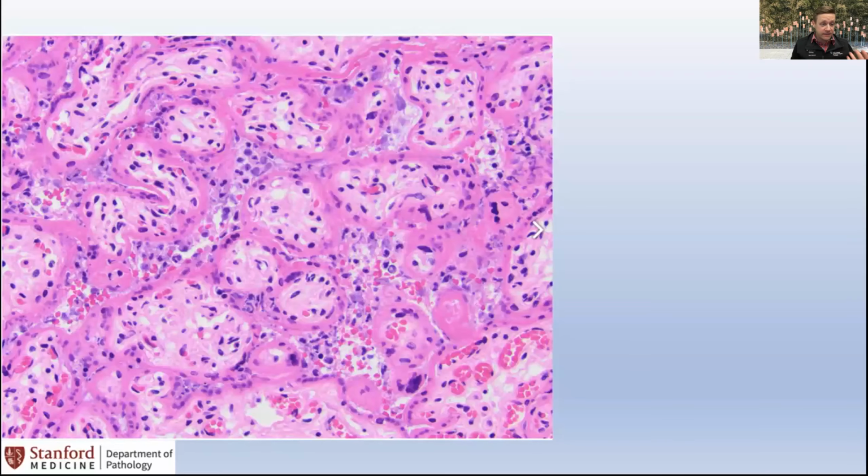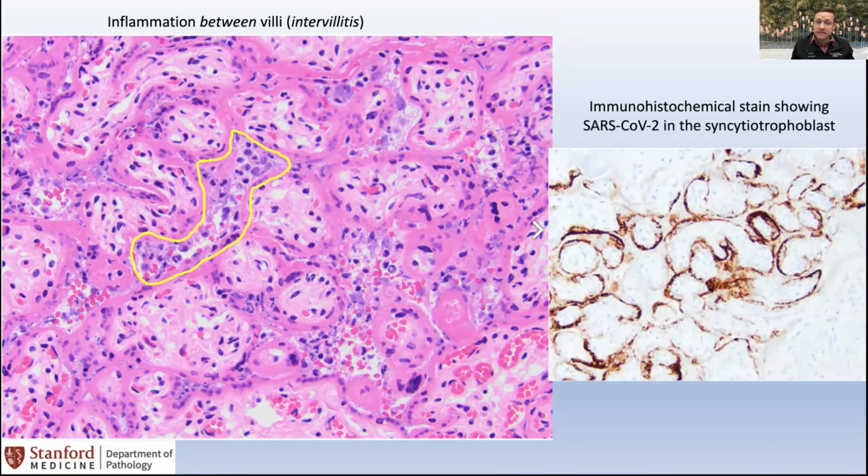Very timely and very new over the past couple of years is when we see inflammation now sort of between the villi, and that would be intervillitis or intervillositis. And now when we see something like that, this was really triggering an immunohistochemical stain for SARS-CoV-2.